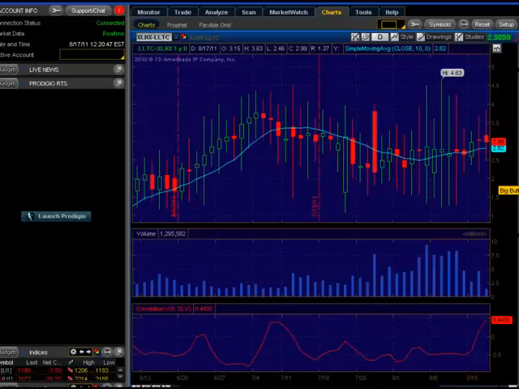So what pairs trading actually does is it takes the market movement out of the equation, and what you're actually betting on is that the spread, or the difference in price A minus price B, will revert back to its mean. So in other words, you take two stocks that have a high correlation, and you find a period of time where that correlation dips down a little bit, where one stock moves away from the other.